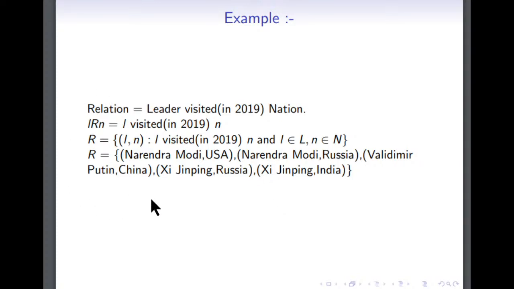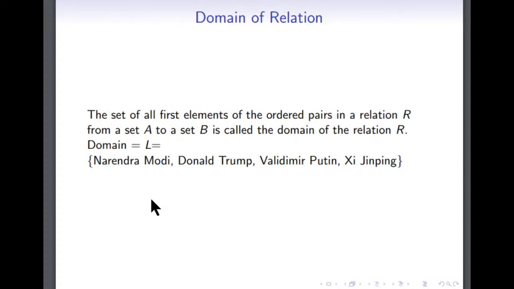You can see, I hope you understood. Next, domain of relation. What is domain of relation? Now you will see, my first set was the set of leaders, and then I made their image on the set of nations.